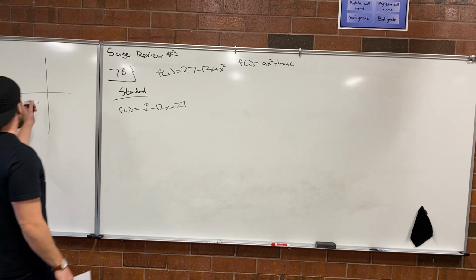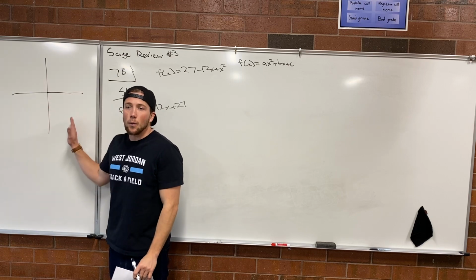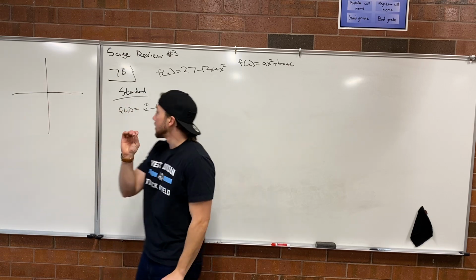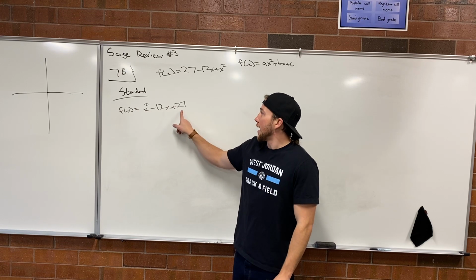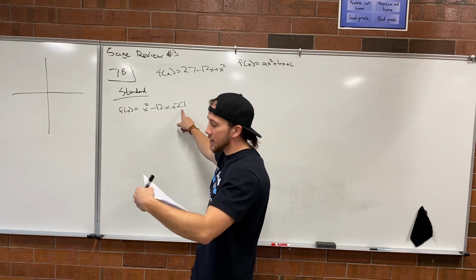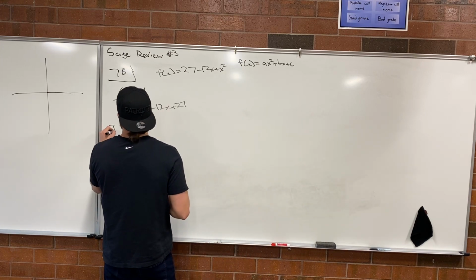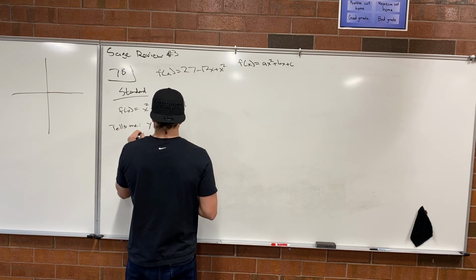What we're asking here is, when I don't go left or right at all, I'm on the y-axis. And if I don't go left or right at all, that means x equals 0. So if x equals 0, this term is 0, and I'm left with positive 27. So what I'm given here tells me the y-intercept.